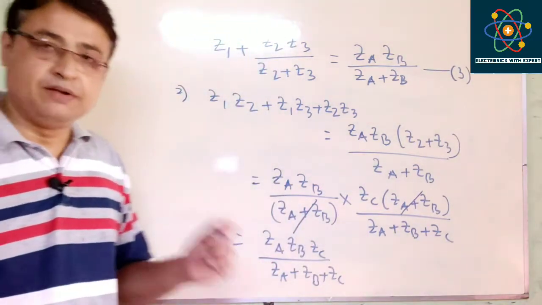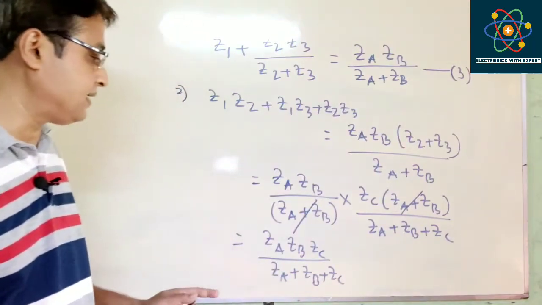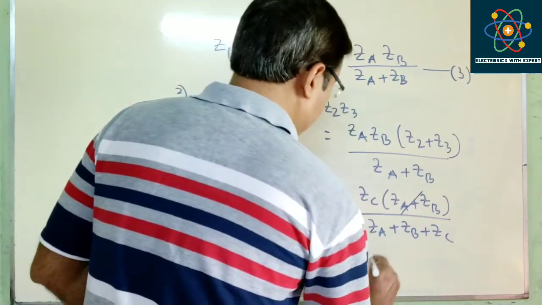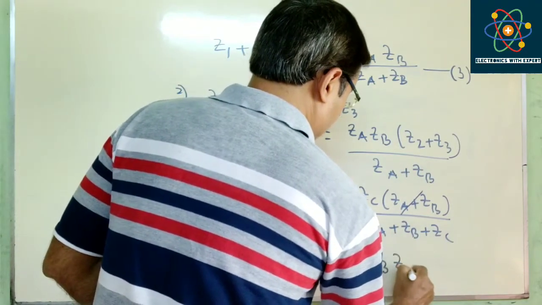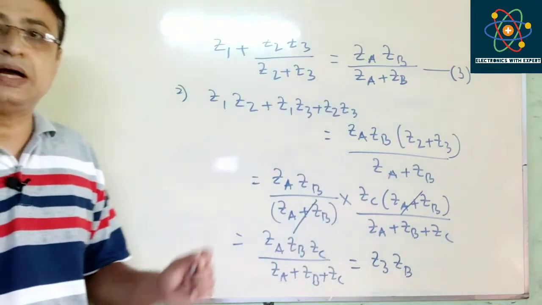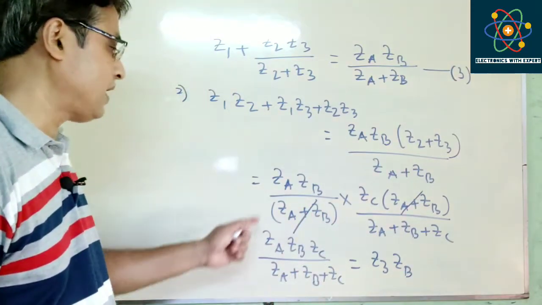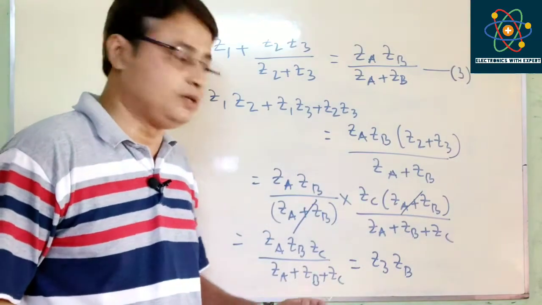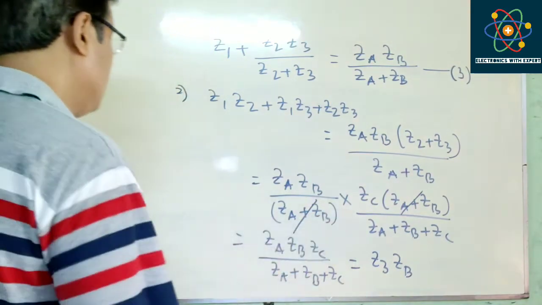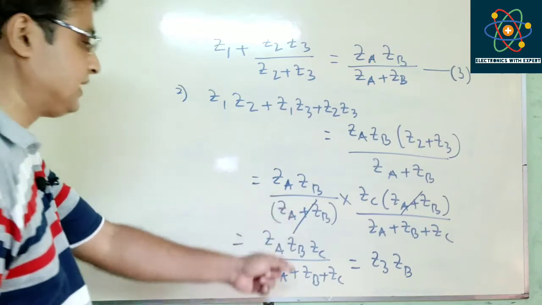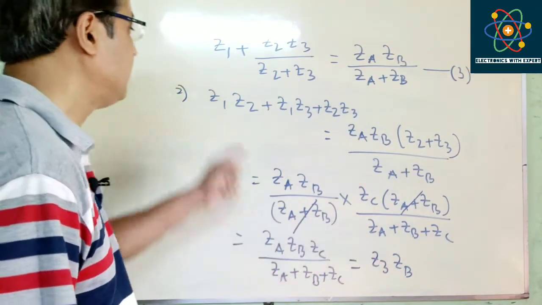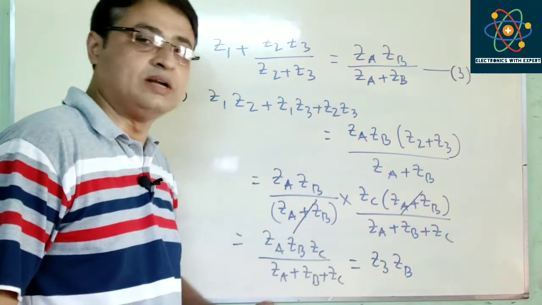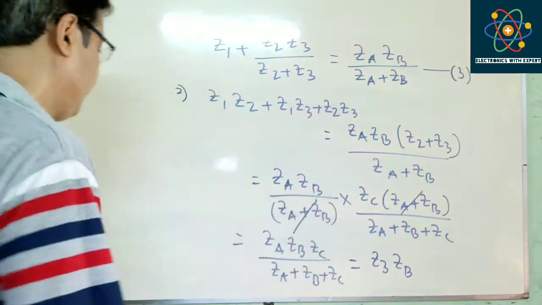Now from my previous video, you can get that this term is actually nothing but Z3 into ZB. So again, you have to consider my previous video, from where you can get that this term is equal to Z3 into ZB. So now you can easily find the value of ZB, that is ZB is nothing but Z1 Z2 plus Z1 Z3 plus Z2 Z3 whole divided by the term Z3.